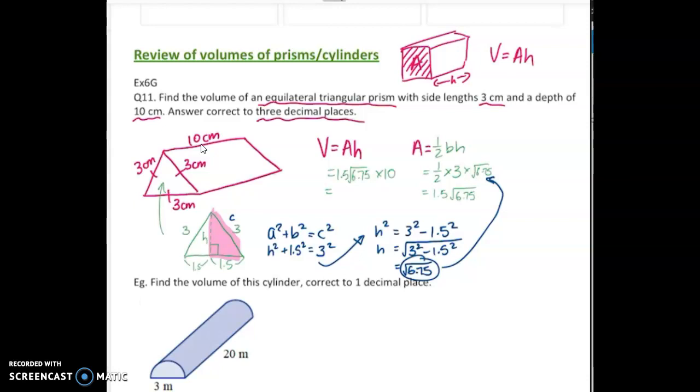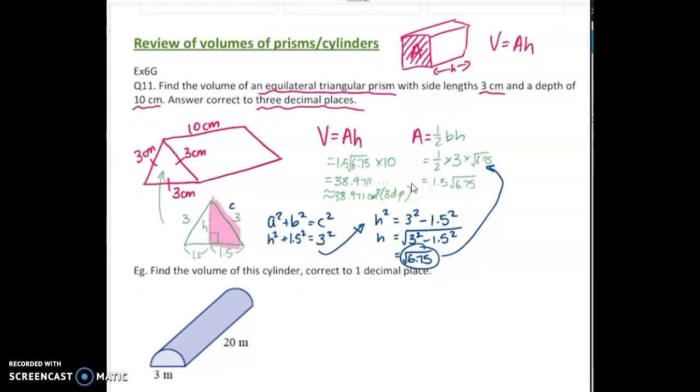You multiply that by 10, and that should give you the number 38.9711, and it keeps on going. So we want to round that off: 38.971 cubic centimeters. We rounded this off to 3 decimal places. So that's our answer.